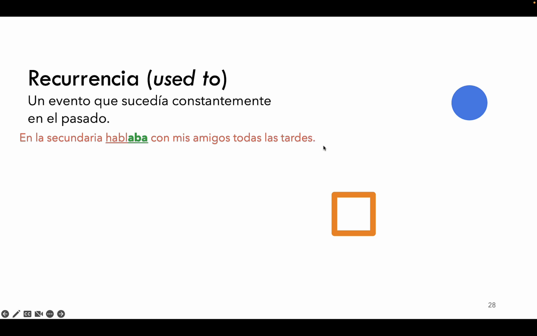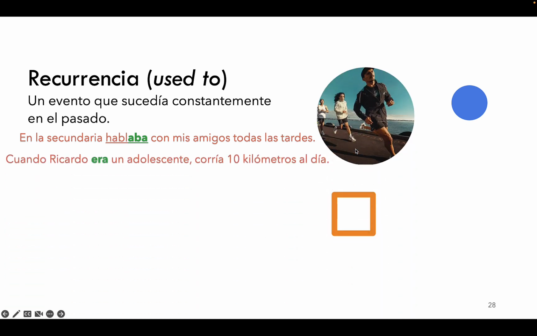Bien, so when I was back in junior high, I would talk to, or I used to talk to my friends every single afternoon or evening. Tenemos un segundo ejemplo. Cuando Ricardo era un adolescente, corría 10 kilómetros al día. Vemos aquí a Ricardo, right? When he was a teenager, he used to run 10 kilometers a day.